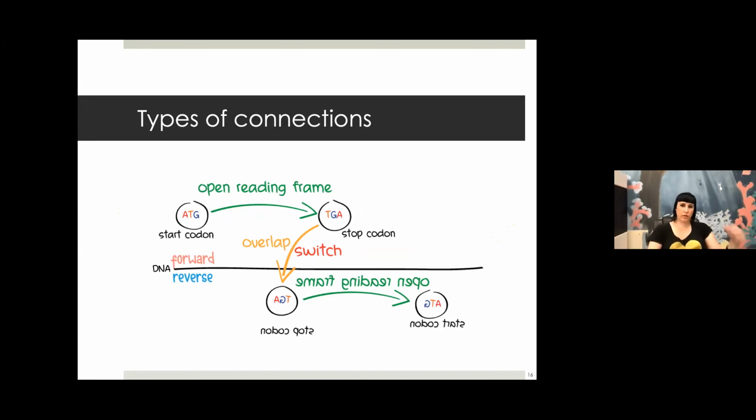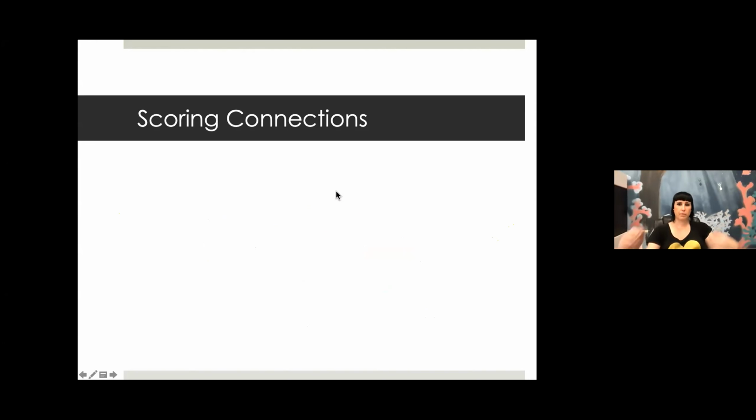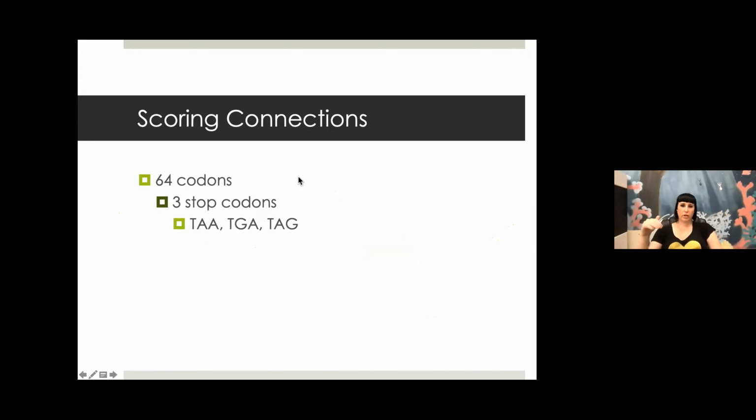So to get distance measures for the various connections, I rely on the probability of an ORF occurring by chance alone. We know that out of the 64 possible codons, 3 are stop codons. This means that the probability of encountering a stop codon is 3 divided by 64, or 5%.